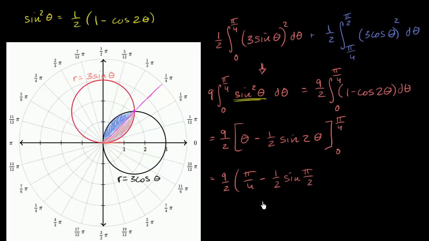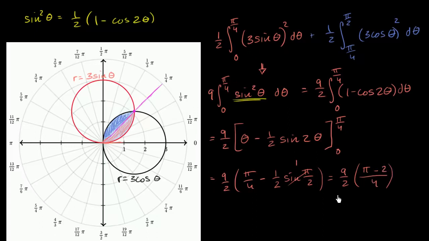Sine of pi over 2 we already know is 1. So this right over here is just going to be equal to 1. So this is going to be 9/2 times pi over 4 minus 1/2, or we could say pi over 4 minus 2 over 4.